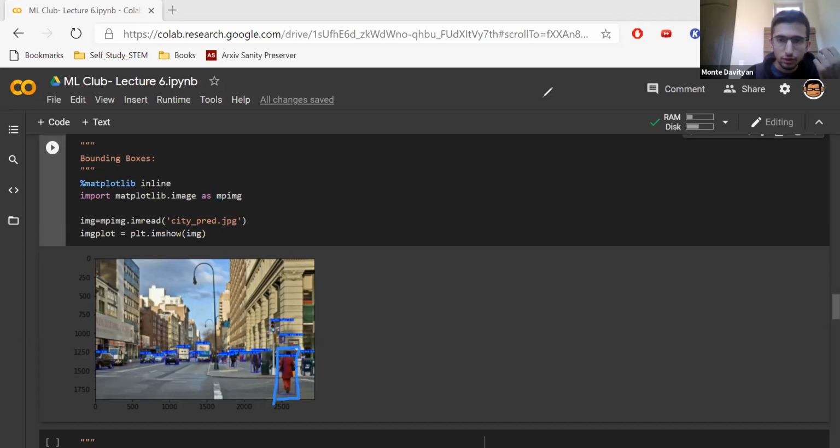But it's also classifying the boundaries of that person, where that person actually is. If you can see that blue box around the person, it's classifying, okay, there's a person in this area right here, and it's putting the box right there. Same way with this car, it's classifying this as a truck or a car, and it's putting a bounding box around this car.